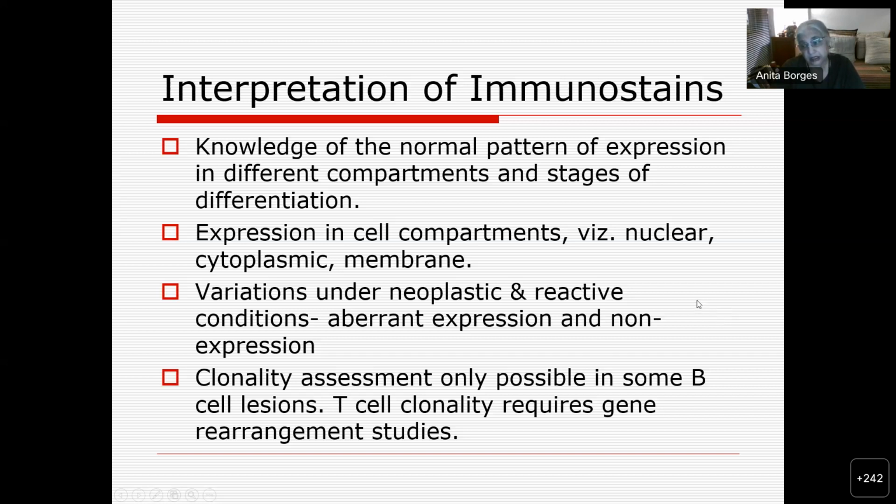Sometimes we look for heavy chains. You may not find any light chains at all, and then that's a bit of an issue. And then you can look for heavy chains, in which case you can do IgG, IgM, IgA, and all of you have heard of heavy chain disease.